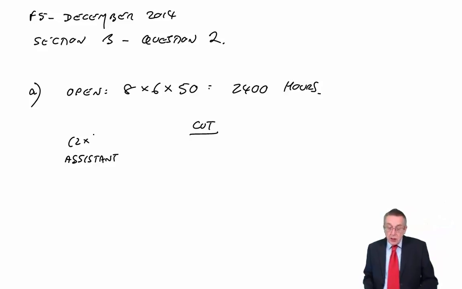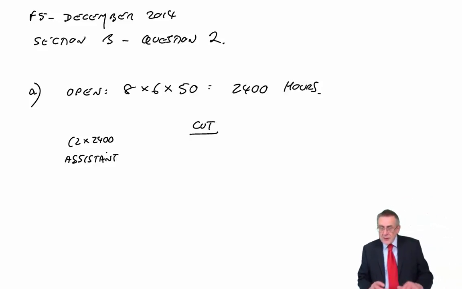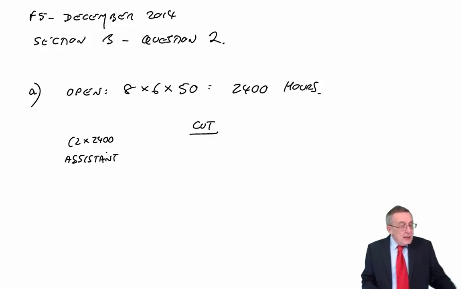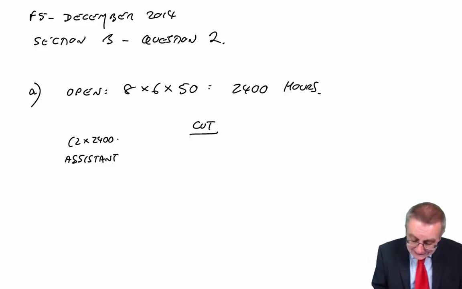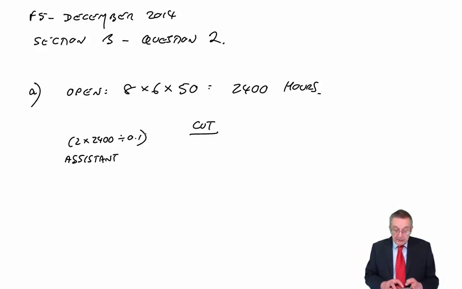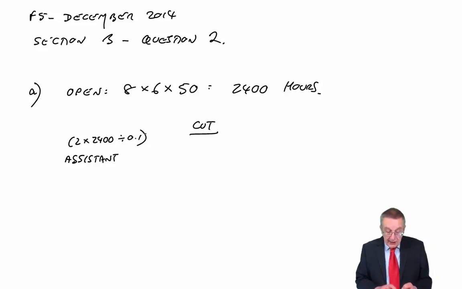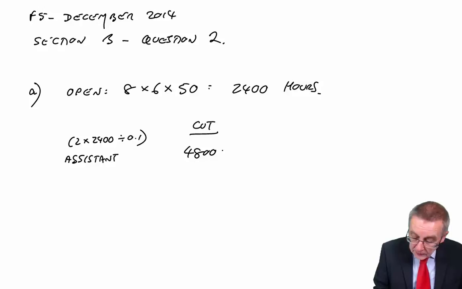Each one's going to be working for 2,400 hours. So there's 4,800 hours available. Each customer, we spend 0.1 of an hour. So how many customers would they be capable of dealing with? Well, in the 4,800 hours, they could deal with 48,000 customers.